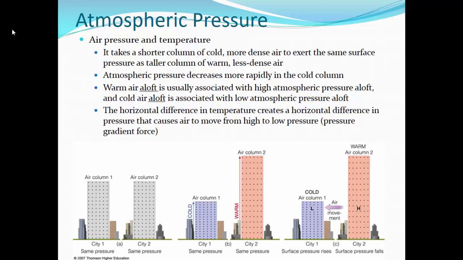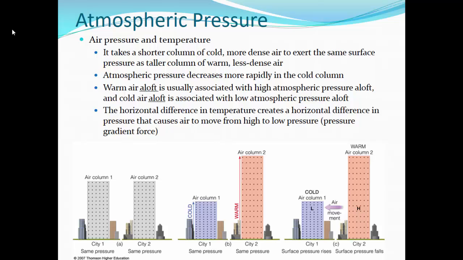So in the conversation of air pressure and temperature, it takes a shorter column of cold, more dense air to exert the same surface pressure as a taller column of warm, less dense air. And we see that in that center illustration.